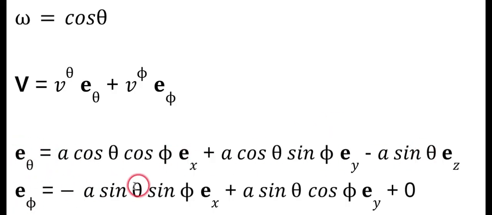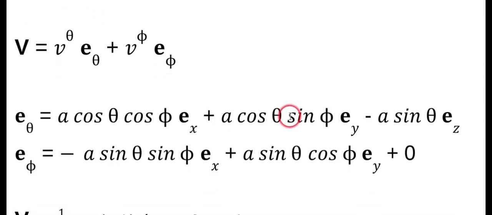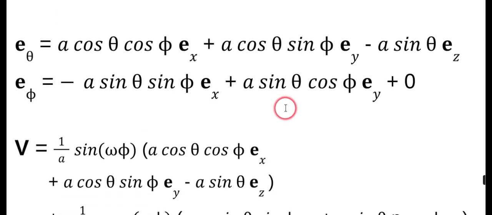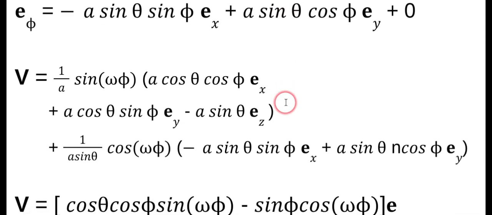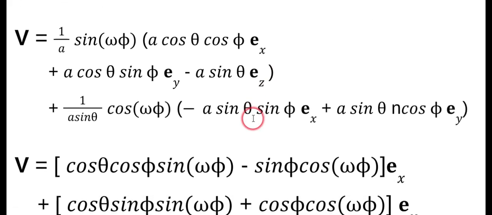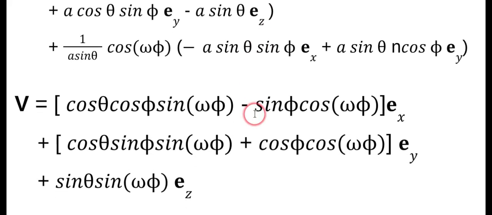Here's the E phi basis vector. So we're going to put all that back in here plus the two equations we found. And you get this mess, which you crunch, algebra. Okay, now we have what we want, which is this vector in terms of theta and phi that now we can graph. So let's go look at that.